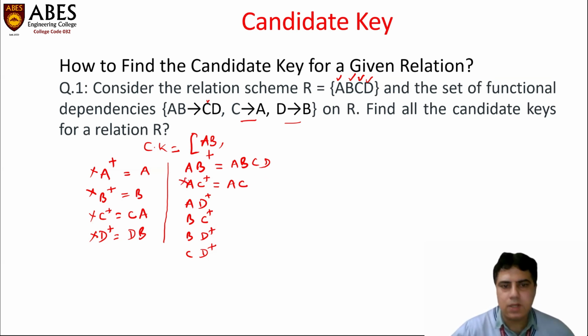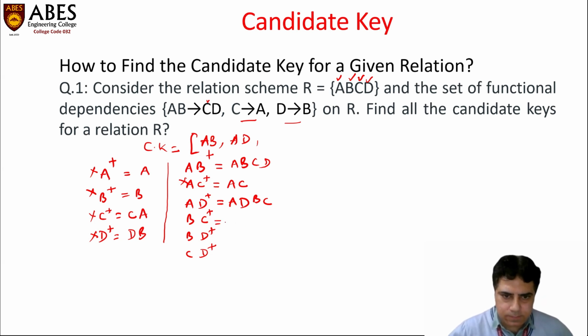So this is the failure case. Now from AD, we can determine AD, and from D, we can determine B, and from AB, we can determine CD. So we can determine all the attributes of the relation R. So AD is another candidate key.